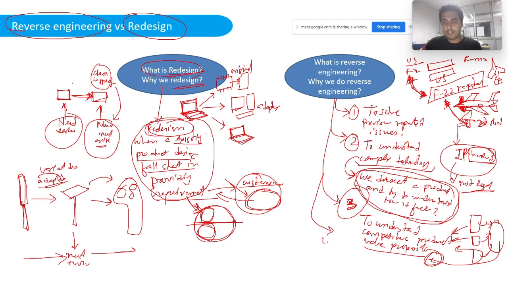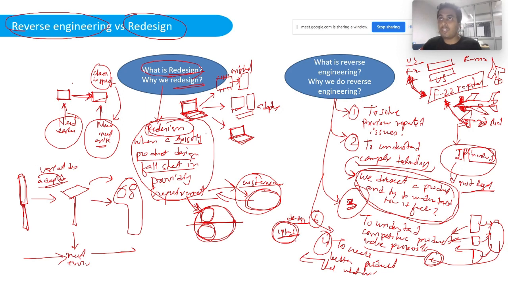And sometimes to create a better product than what exists. So for example, a lot of times people complain about a particular company or particular design. For example, the iPhone 6, people complained about bending whenever they kept it inside their pants.